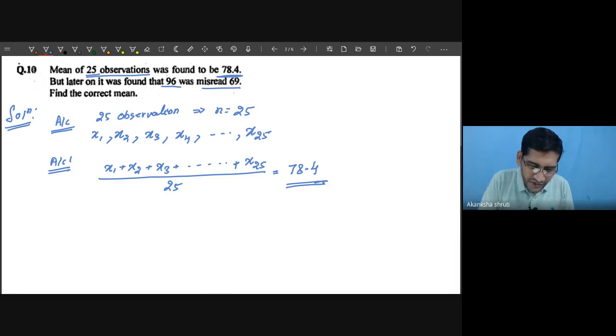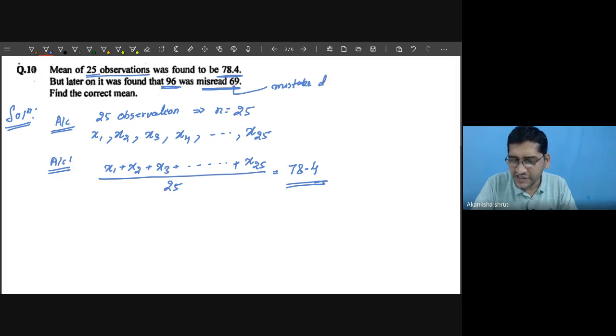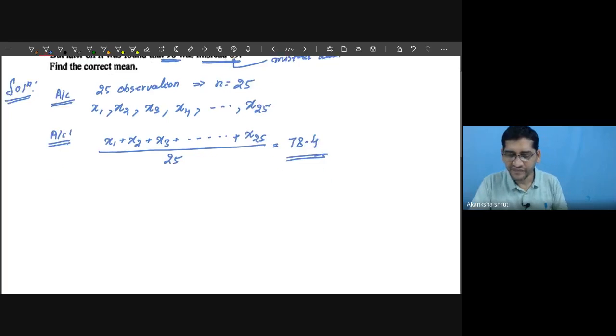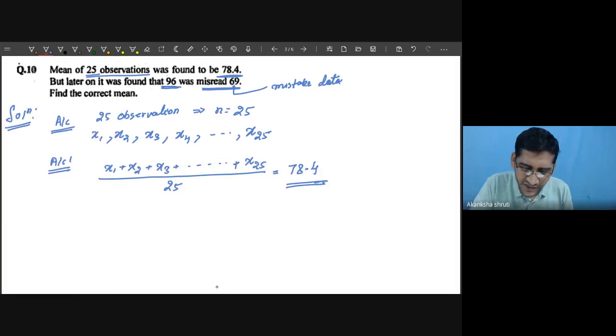So later it was found that 96 was misread as 69. What is the corrected one? This is the error, the wrong or mistaken data. So therefore the mean obtained with this data is the mistaken mean.